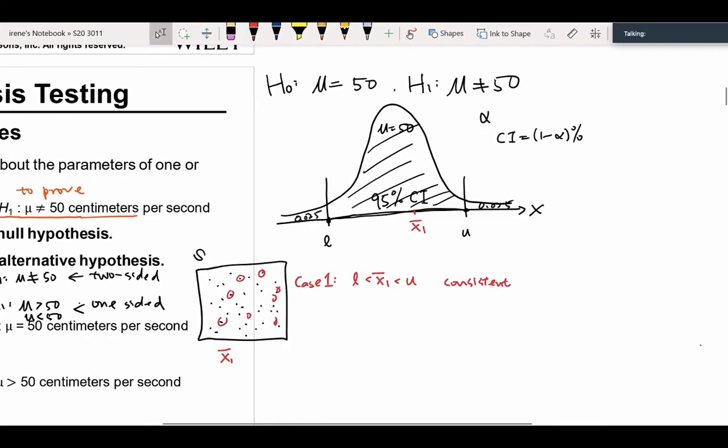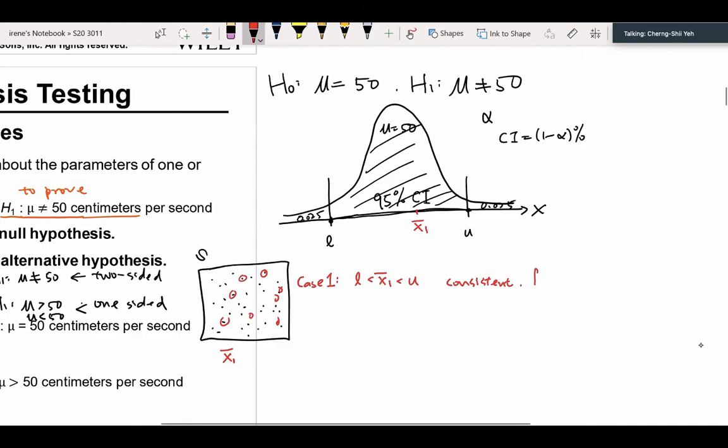Then our conclusion is that we fail to reject our null hypothesis.